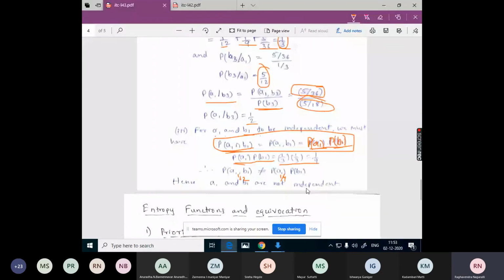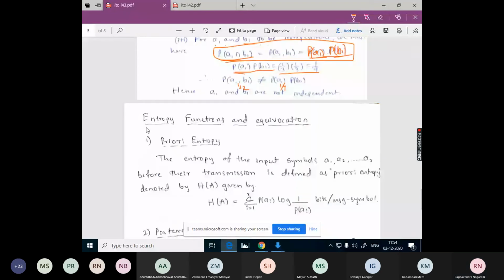Okay, any doubts here? Have you understood this problem? It's a simple example. If you know the probability rules, you can easily solve this. So any doubts here? Okay. So we will continue.